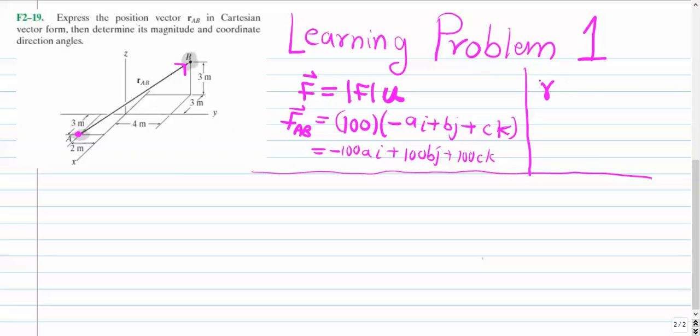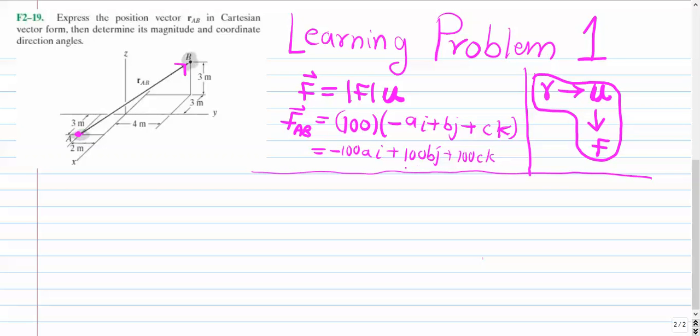And once we have these length vectors, which are denoted by the symbol r, we can find the unit vectors for those length vectors. And once we have those unit vectors, then we can find the force vectors by multiplying the unit vectors with the magnitude of the force. So this is a general principle that we will be following for most of the questions in this chapter.